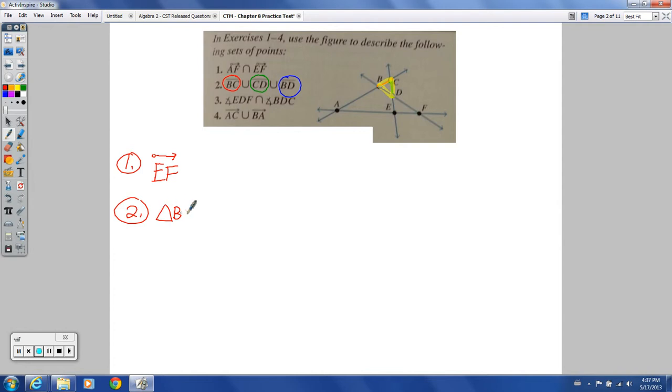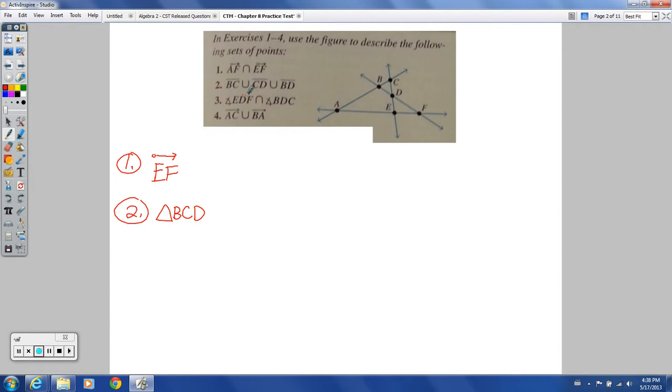I'm just saying that the symbol looks like that for triangle. So BCD, you could say triangle CDB or CBD. You could put the letters in any order, and you'd have the right triangle. It would be the same triangle. Okay, let's get rid of that now and focus on number 3.